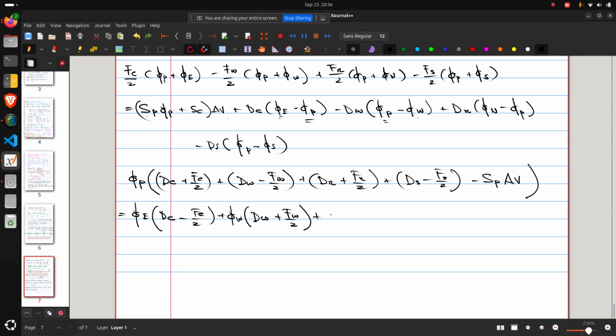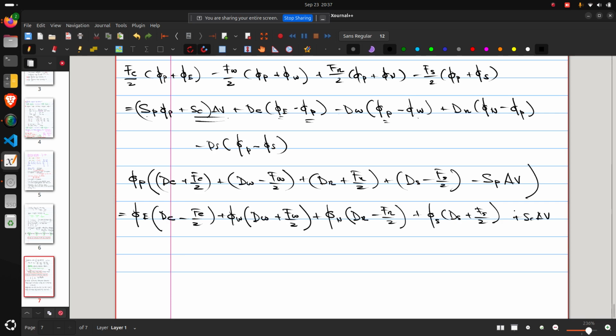And similarly if we do for the other grid points, we will find something like this. Yes, everything is done. The only thing is this Sc times delta V.